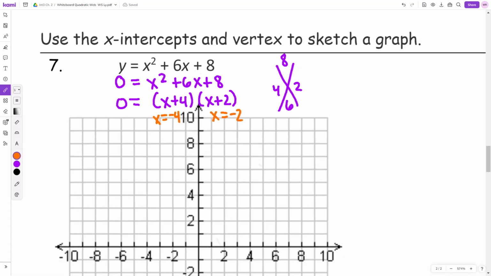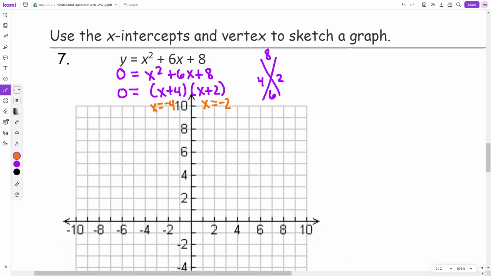Those are my x-intercepts. So first off, I know that I can plot those. I'm going to have -4 and I'm going to have -2. Those are going to be my x-intercepts. Now, halfway between every point on a parabola that is at the same height, you're going to have in the center where your vertex is going to be.